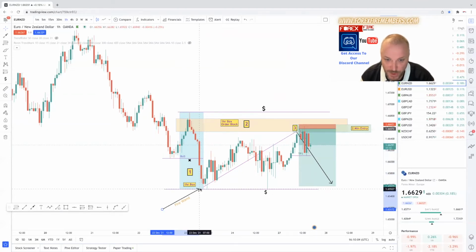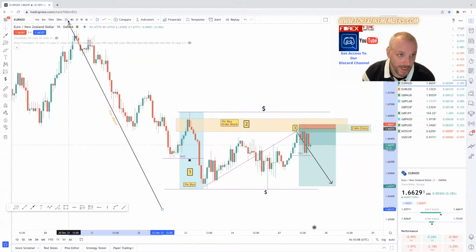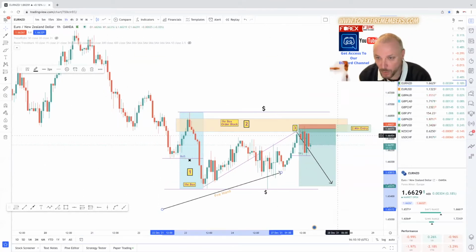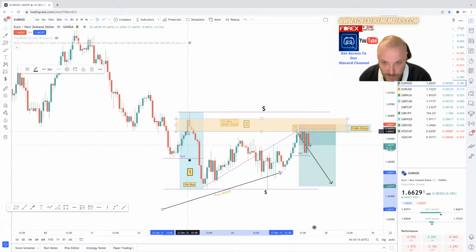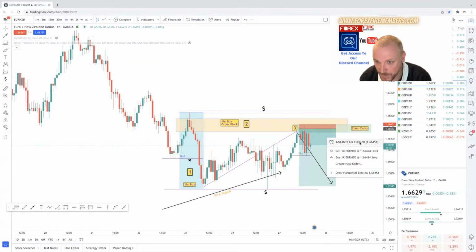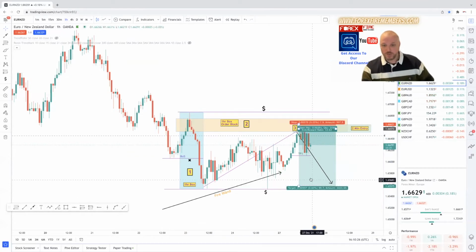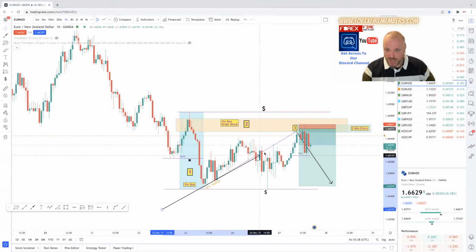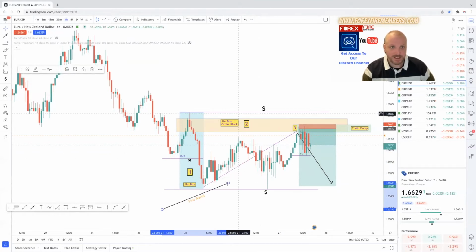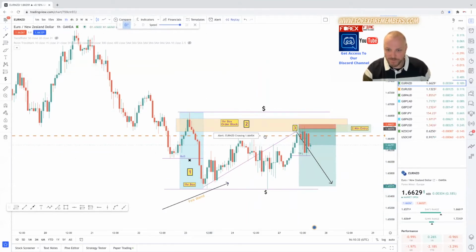Now, as price is pulling back on the 1 hour time frame, we've got the order block, and this is where you'll generally enter from an order block aspect. I would generally set an alert by scrolling along just below the order block and hitting here. You can add your alert there. So once price is driving up, let's just do the bar replay. Let's take a look.